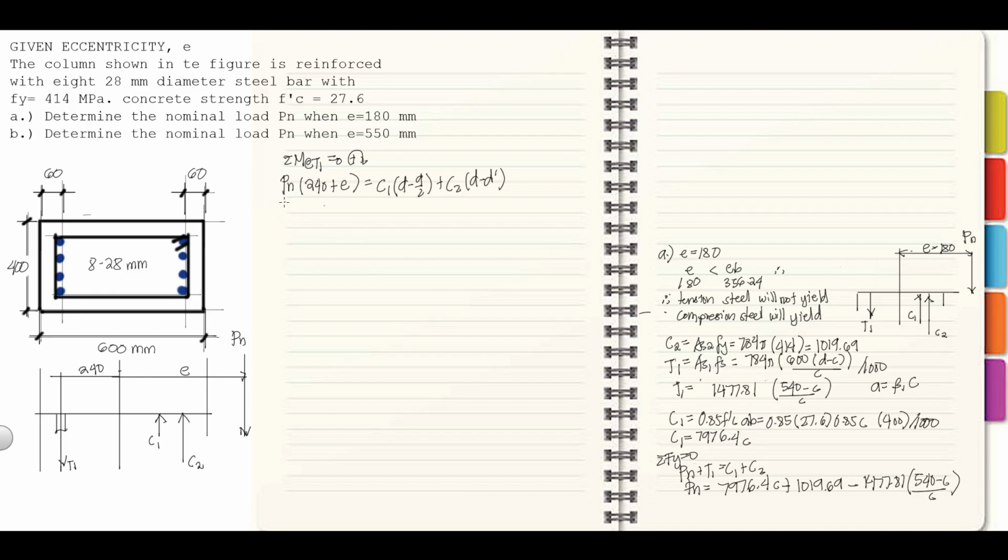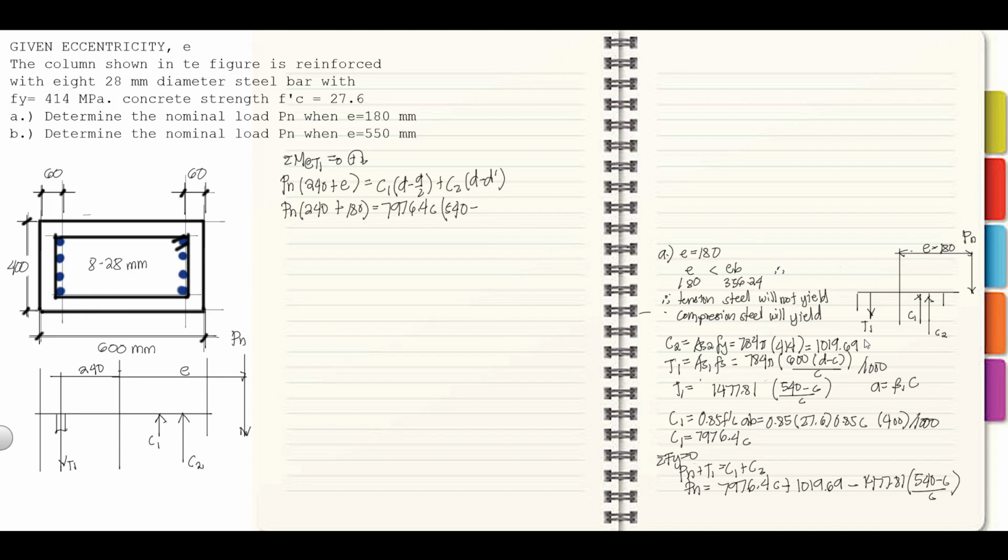So Pn, unknown yan, times 240 plus E, given naman yung E, that is 180, is equal to C1, 7976.4 C times D, 540, minus A.